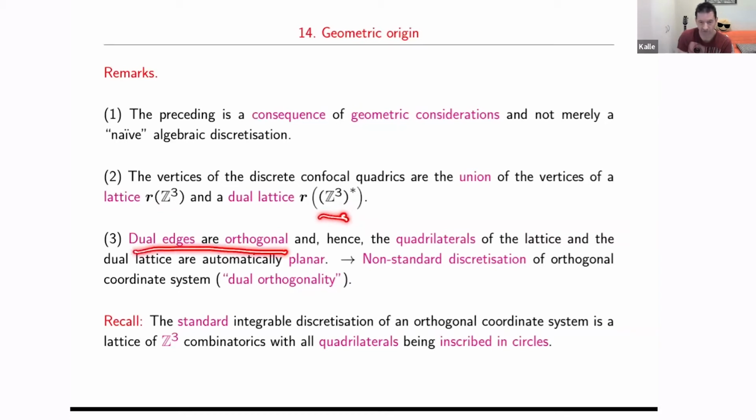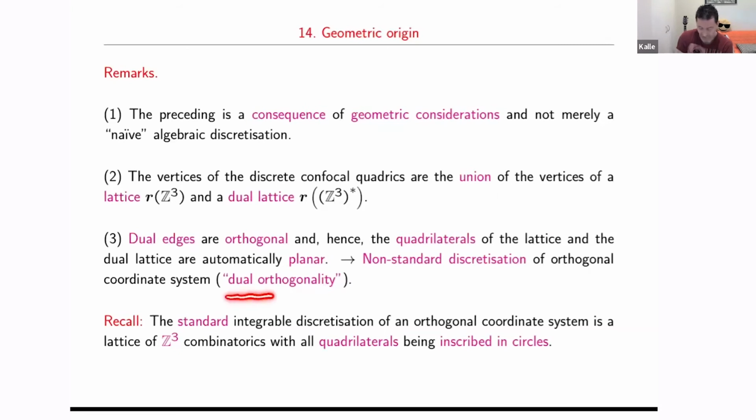So dual edges are orthogonal. Which means, and I'll explain this in a minute, that the quadrilaterals of the Z3 lattice and the quadrilaterals of the dual lattice are actually planar. And that is our discretization of orthogonal coordinate systems.